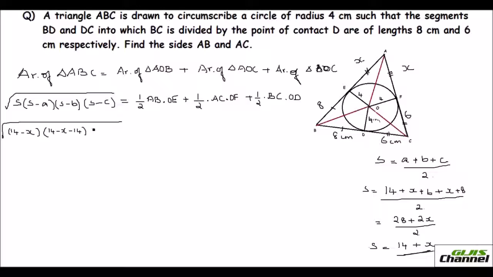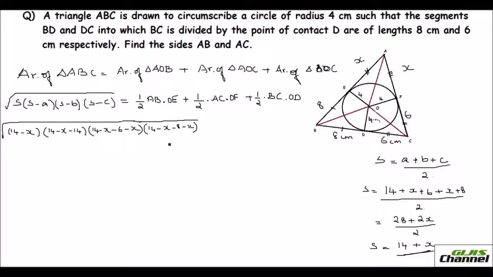Then you have S minus B. S is 14 minus x, and the B here is 6 plus x, so I subtract, and that becomes minus 6 and minus x, right? Times again S minus C. Your S is 14 minus x, then your C is 8 plus x, so when you subtract it, it becomes minus 8 and minus x. Did you get this?